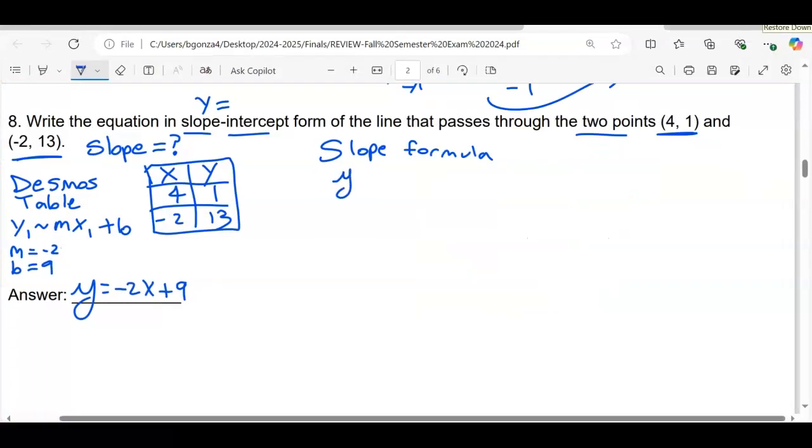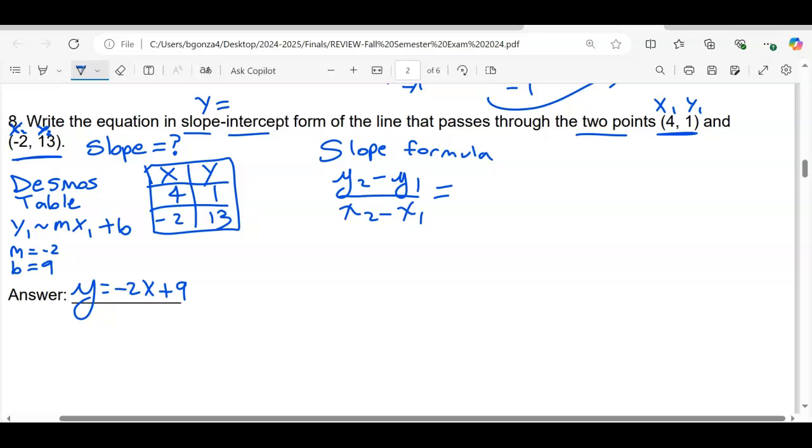Slope formula is y2 minus y1 over x2 minus x1. So you got your x1, y1, you got your x2 and your y2.